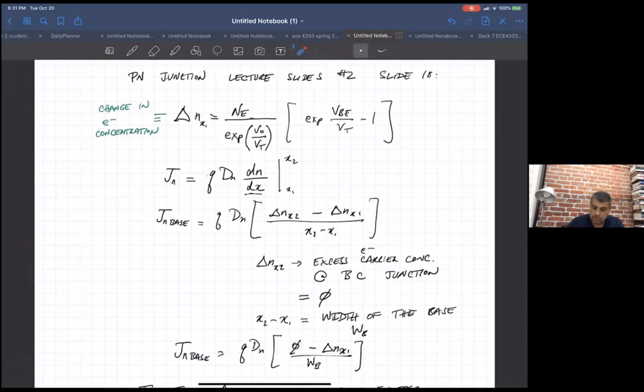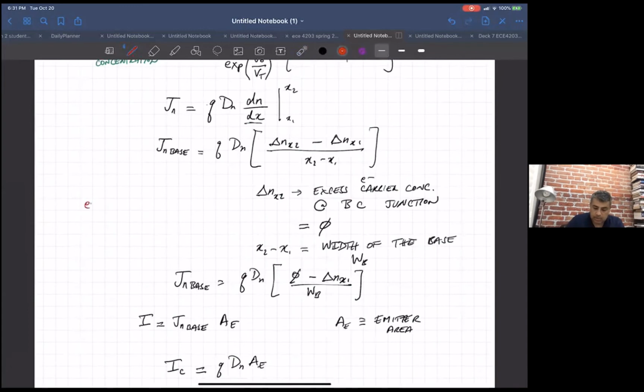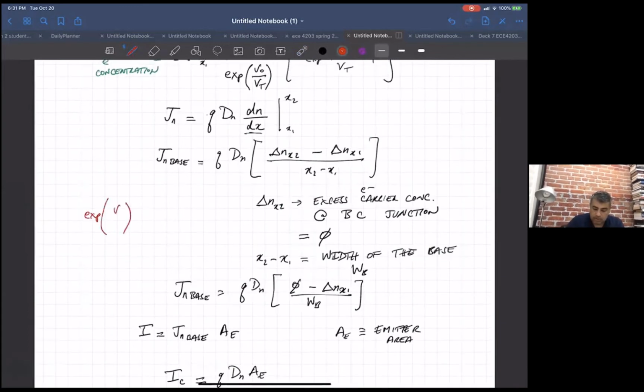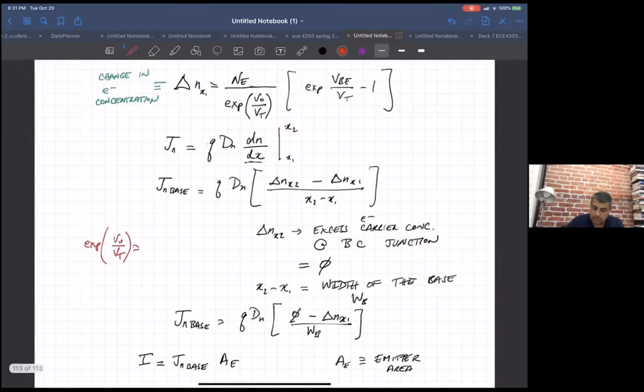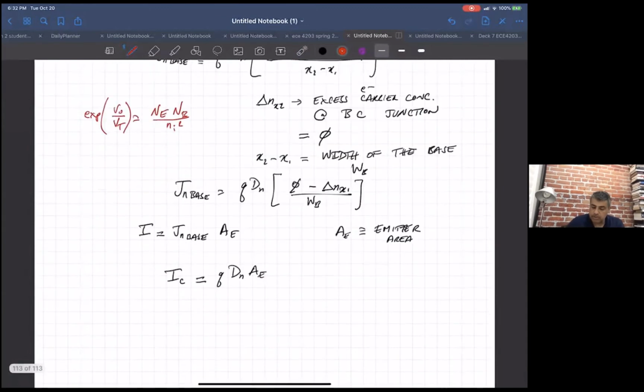I want to use the equation that we had, which is the exponential of V0 over Vt. Again, this is going back to slide 18 from lecture 2. That value was the emitter doping concentration, base doping concentration, over Ni squared. So I'm going to substitute that in here.